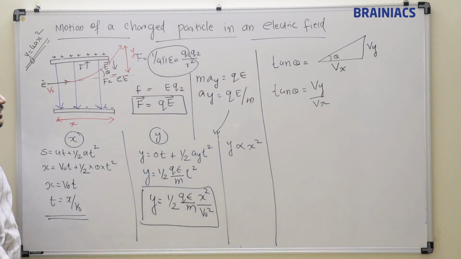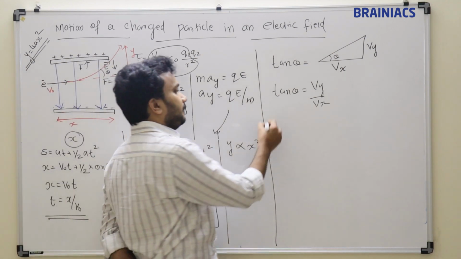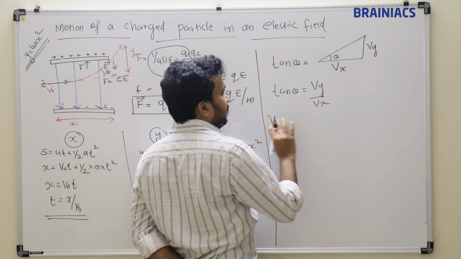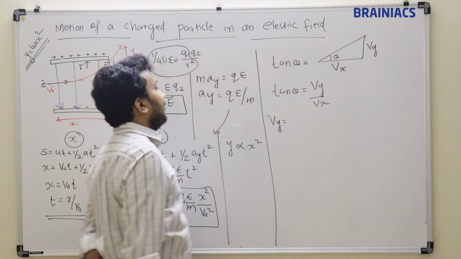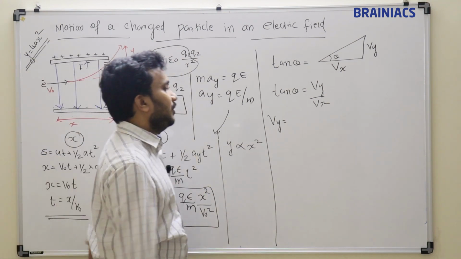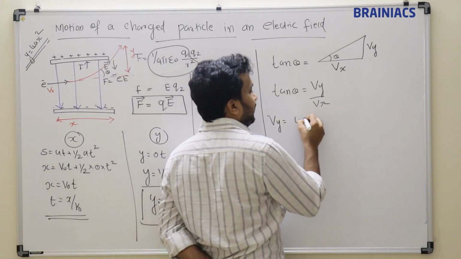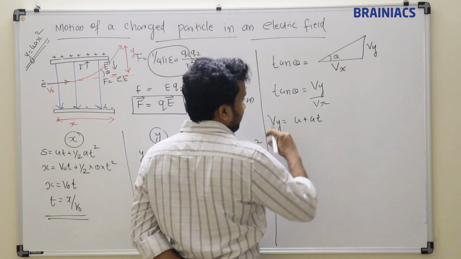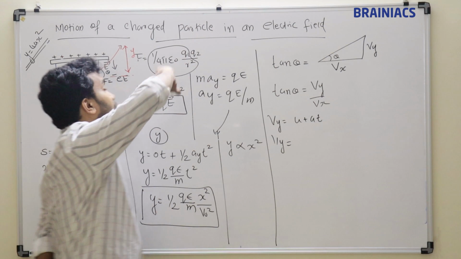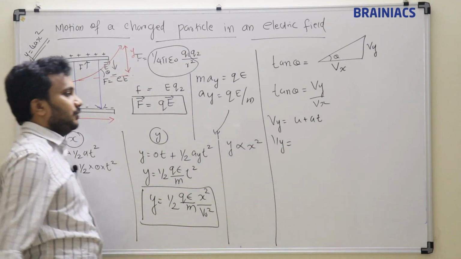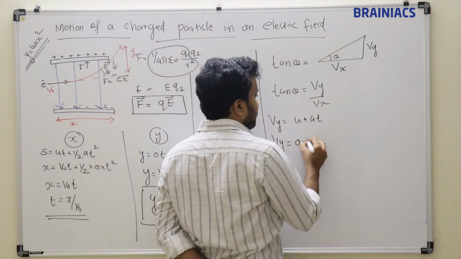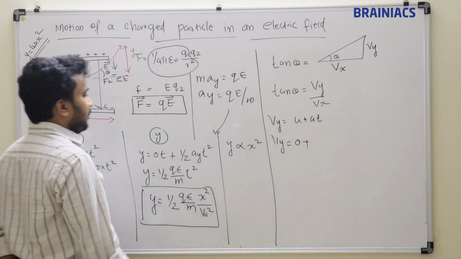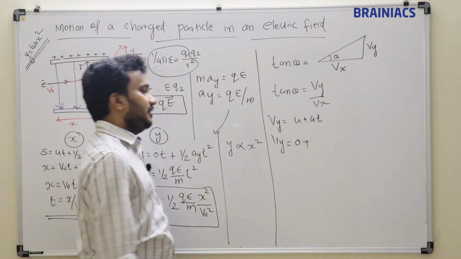The Y direction velocity we have to find out. What is Vy? We will apply the equation V is equal to U plus AT in this Y direction. So Vy will be equal to U plus AT, I am writing the general equation. Initial velocity in the Y direction, there is no initial velocity, only in the X direction we have initial velocity. So this is 0. What is the acceleration in the Y direction? We already wrote it, right?